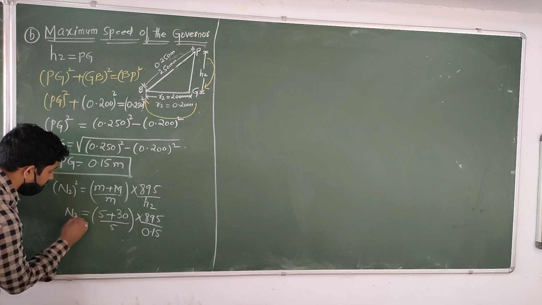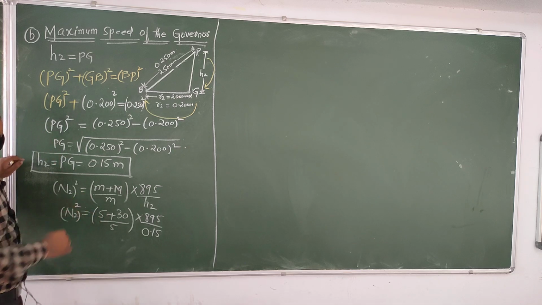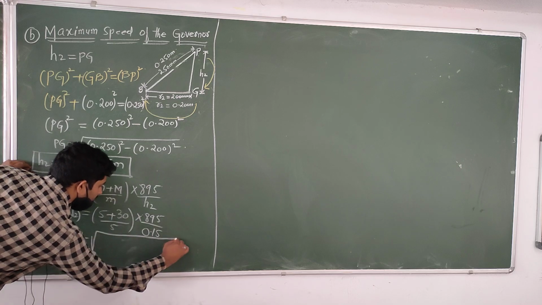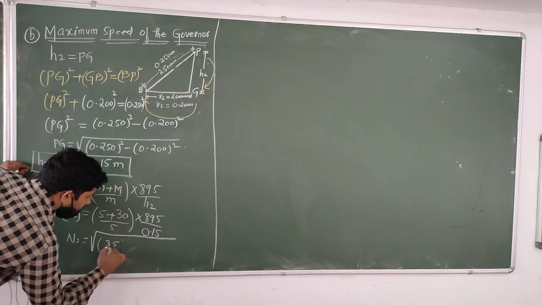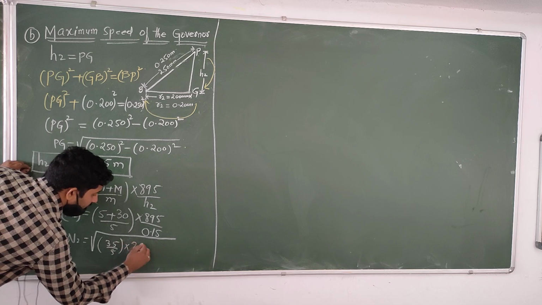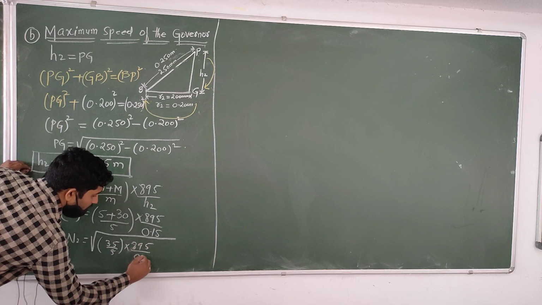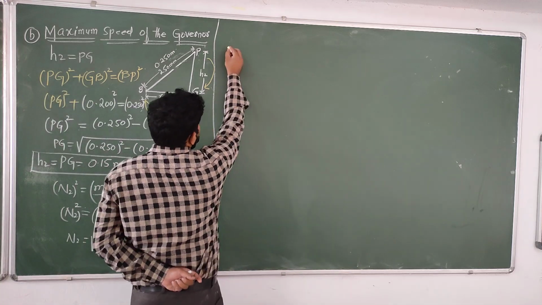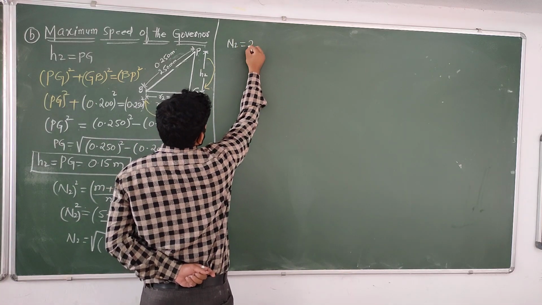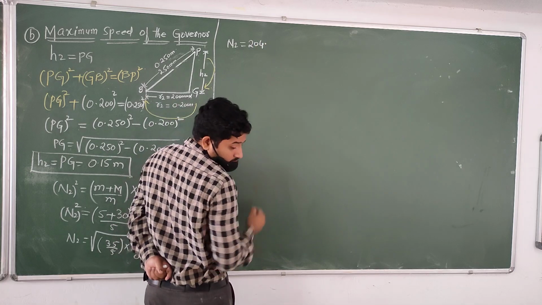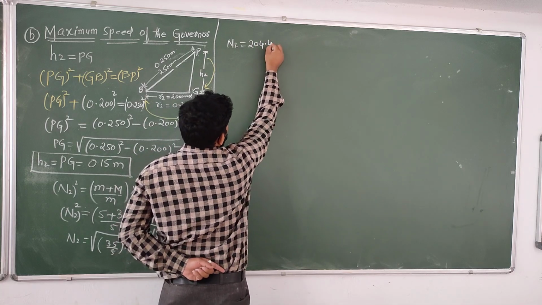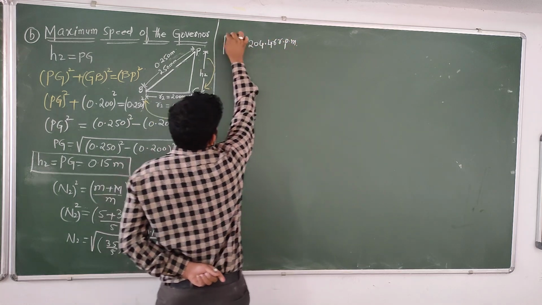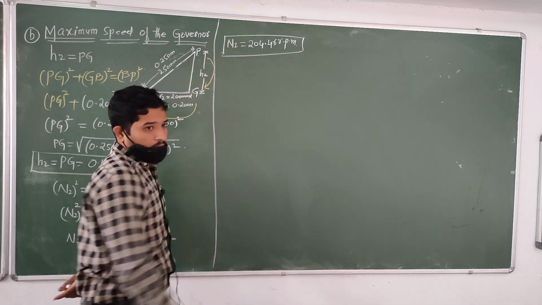That is the value of N2 whole square. If you remove the square, it becomes a root: N2 equal to under root of 35 by 5 into 895 by 0.15. Then you will get the answer N2 equal to 204.46 RPM. Okay, that is the value of N2.